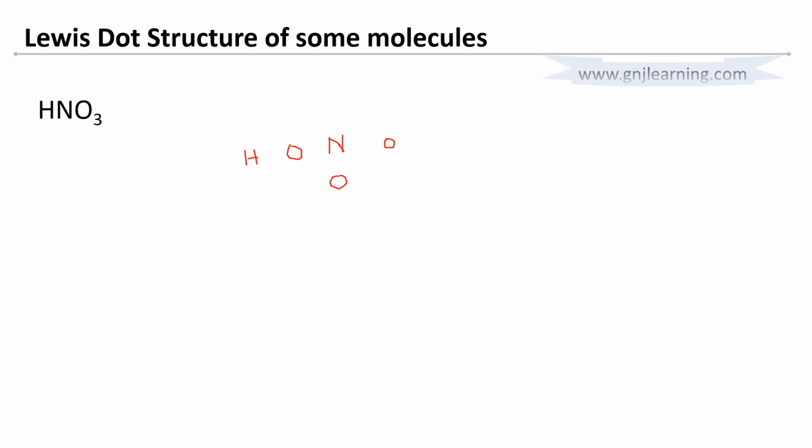As we said, this is an acid. Nitric acid is a special acid which is called an oxy acid. Why is it called an oxy acid? First of all, we should know what an acid is. You might have learned in the lower classes: a molecule that releases H plus in solution. Any molecule that gives H plus in solution is called an acid.